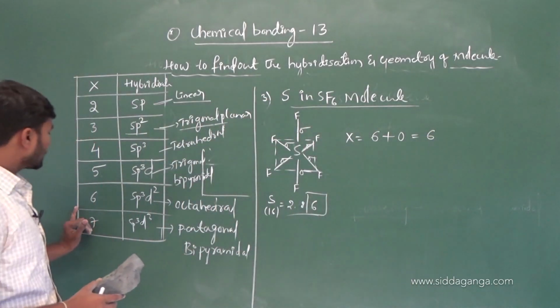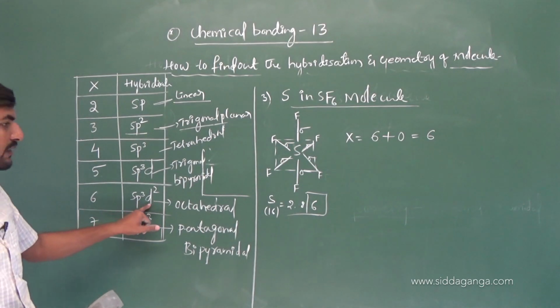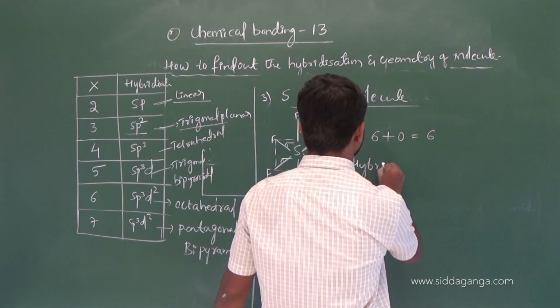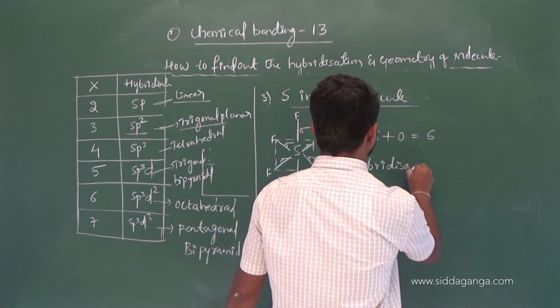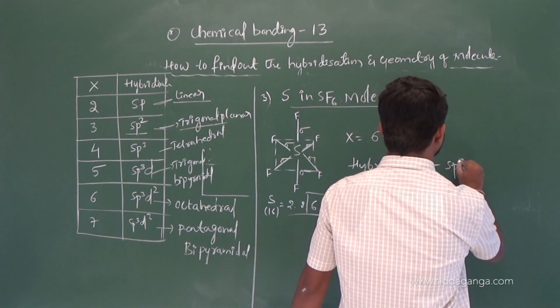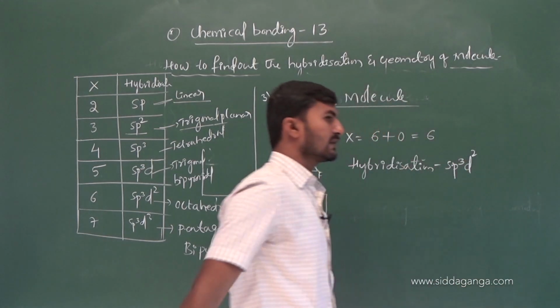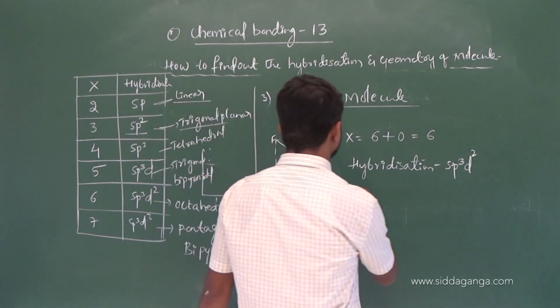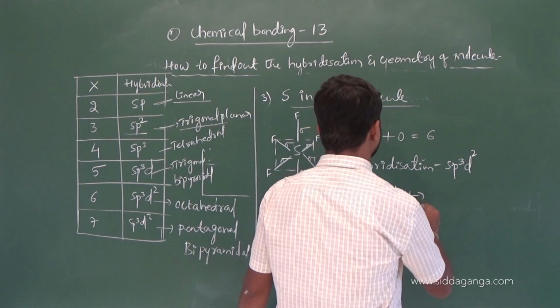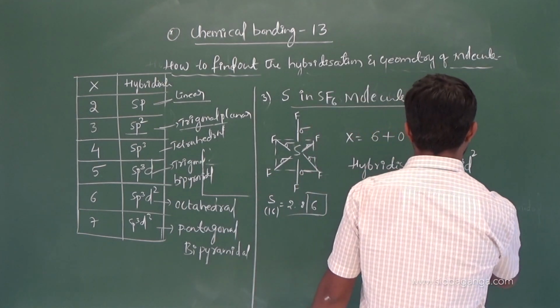If the value of x becomes 6, then its hybridization will be sp3d2 hybridization. The hybridization of this molecule will be sp3d2, followed by octahedral geometry. The geometry of the molecule will be octahedral.